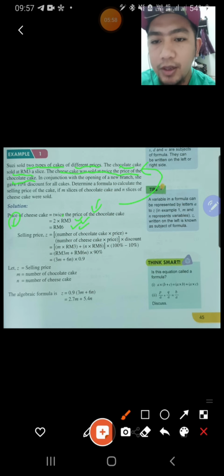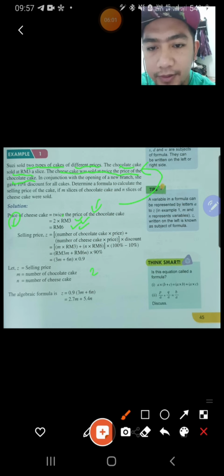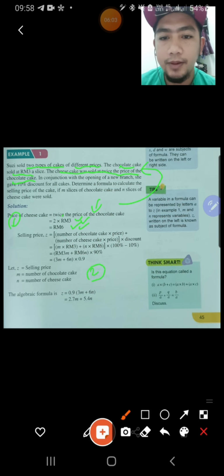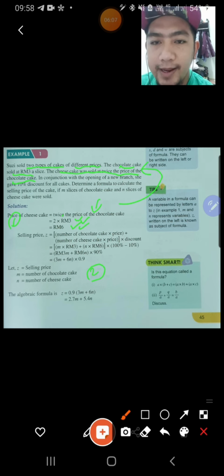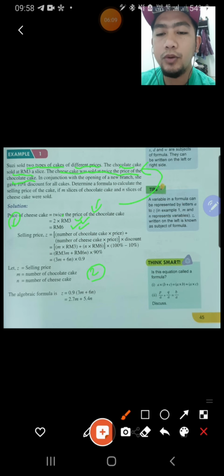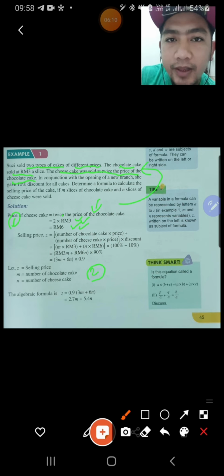Now the second step is here. Let Z be the selling price. You have to know how to make an assumption.